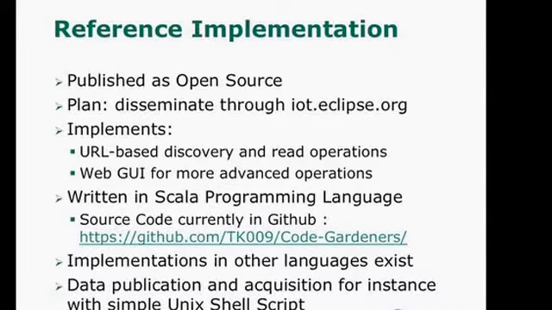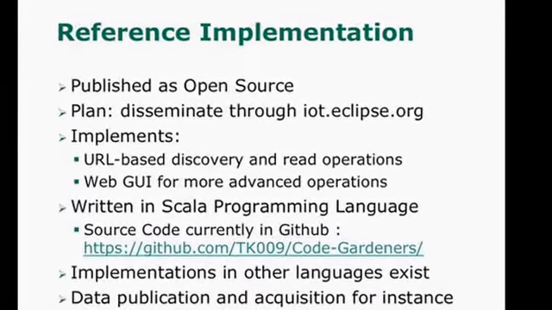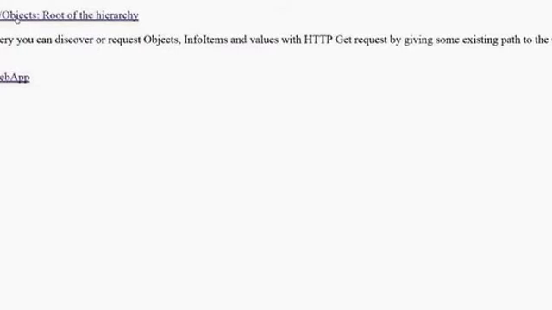I'll quickly show you a small implementation made with a simple Unix shell script for publishing information. So I will jump over to Google Chrome, or any browser, but in this case I am using Chrome.